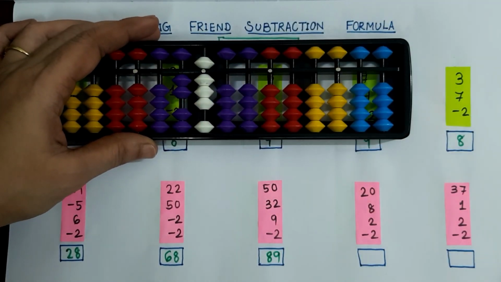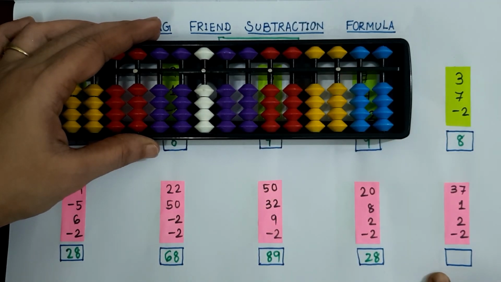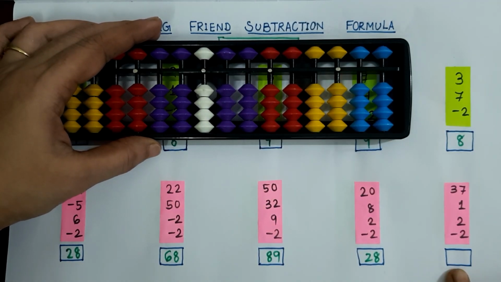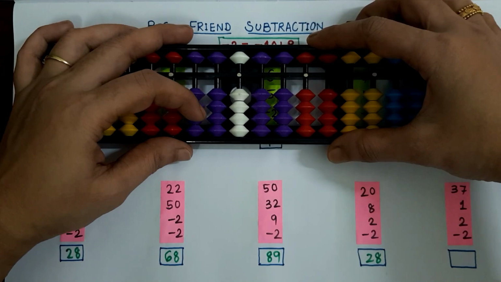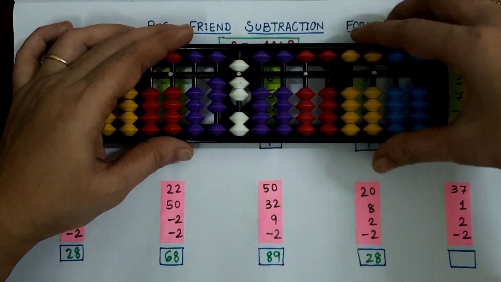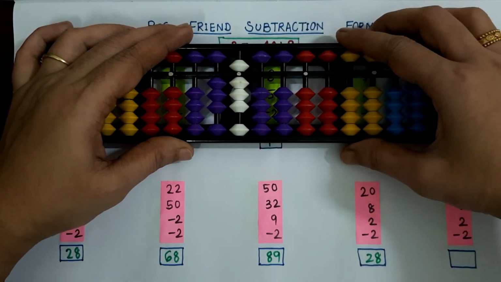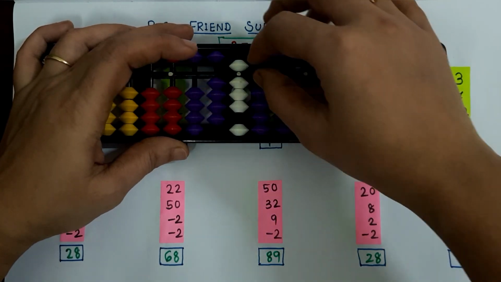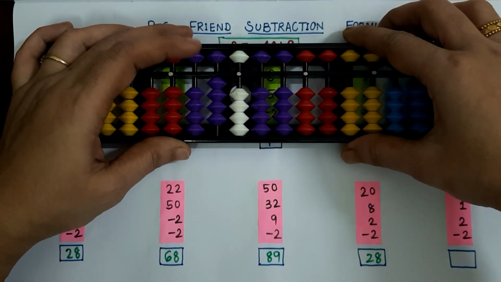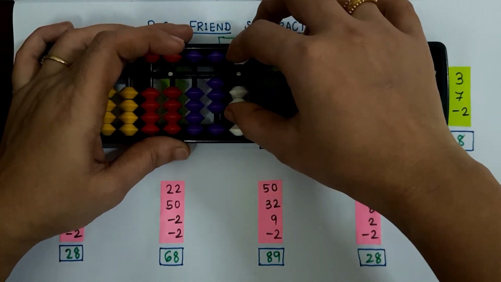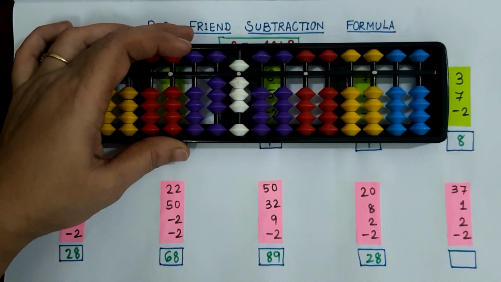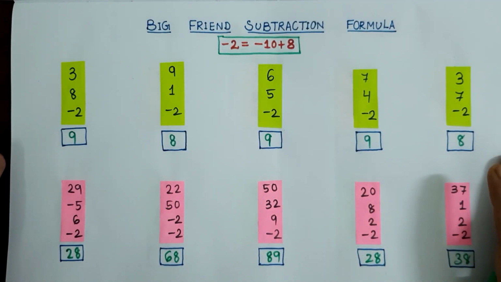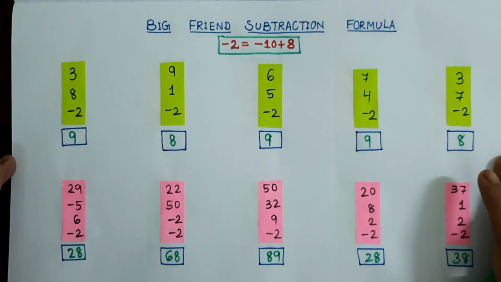Answer is 28. Last sum is 37 plus 1 plus 2 minus 2. 37 plus 1 plus 2 is plus 10 minus 8, minus 2 is minus 10 plus 8. Answer is 38.